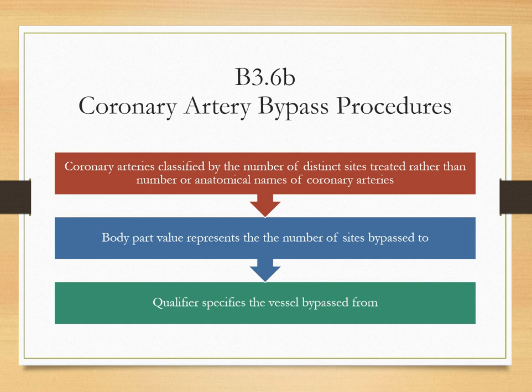With coronary bypass procedures, rather than identifying the body part bypassed from, the body part identifies the number of coronary arteries bypassed to, and then the qualifier specifies the vessel bypassed from. So it's reversed. Non-coronary, from to; coronary, to from. Whoa, that was a mouthful.